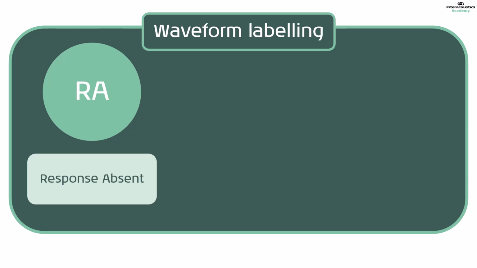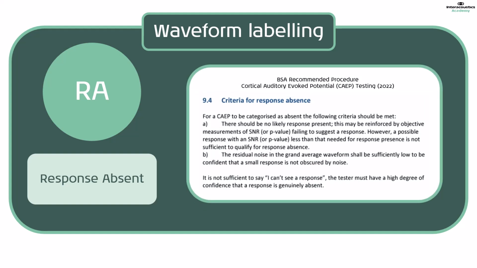When considering whether to label a waveform as a response absent, the British Society of Audiology's recommended procedure for cortical testing highlights some of the criteria that should be met. The objective response detection algorithm should be used to confirm the lack of response, and the residual noise of the overall average waveform should be low enough to confirm that there is no possible response hidden within a high level of noise.